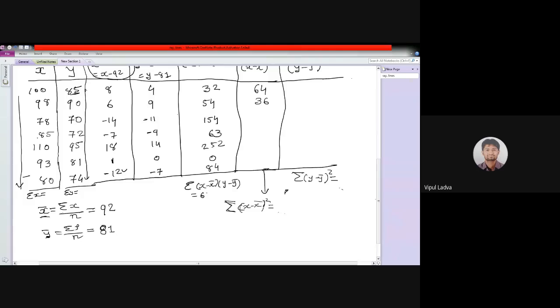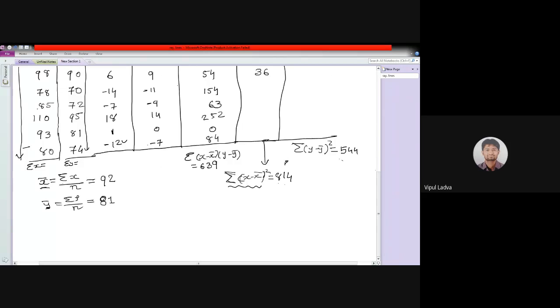Okay. What about summation x minus x bar all square? 814. And what is the value of y minus y bar all square? 544. Okay, good. Hopefully, the calculation is correct.